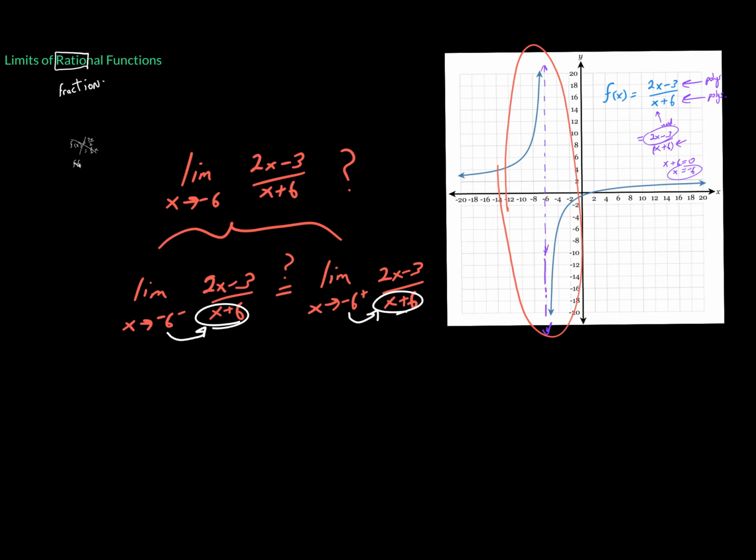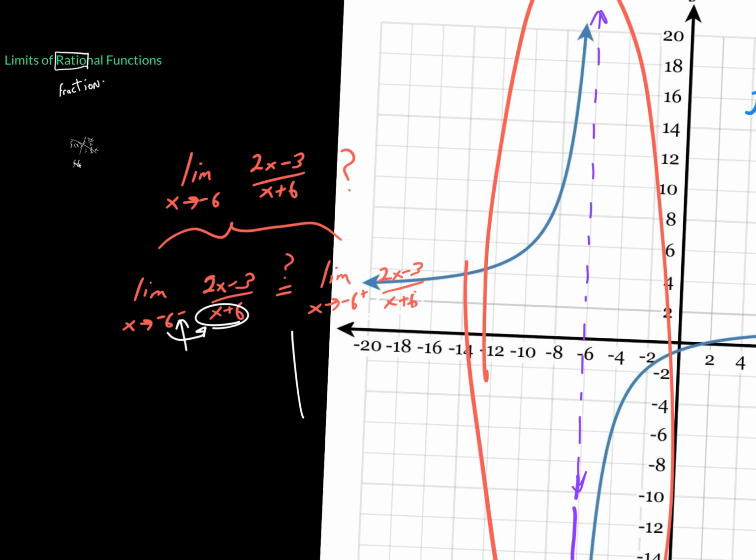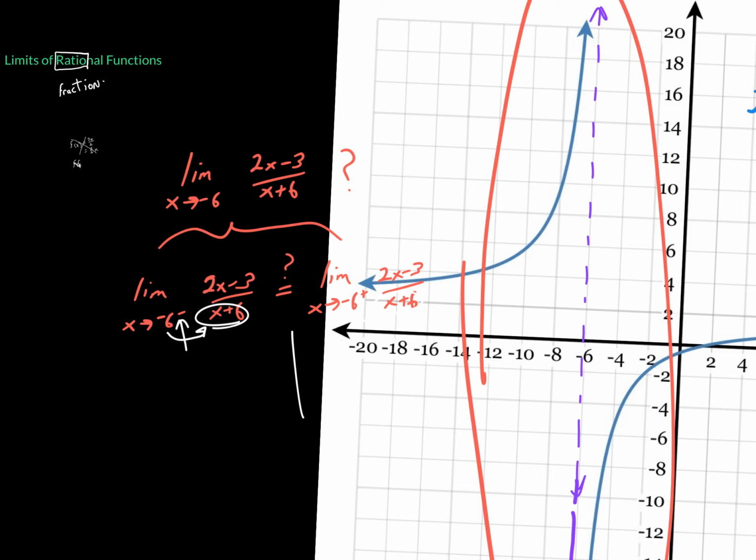So how can we evaluate this? Obviously, I have the graph right in front of us there, but if you didn't have the graph, how could you evaluate this? Well, notice here, you are coming in from negative 6 on the right side. Let's look over here. This would be negative 6 on the left side, and let's do it in a different color so we can see this would be coming in on the right side.